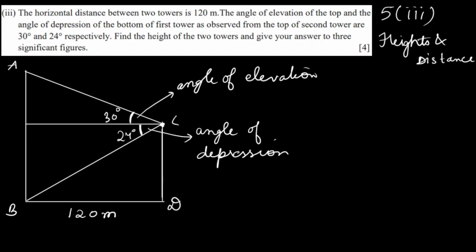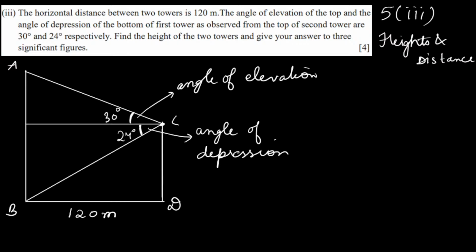Depression is from the top of second to the bottom of first. I hope the figure is clear to every one of you. I have converted the given information into the diagram.